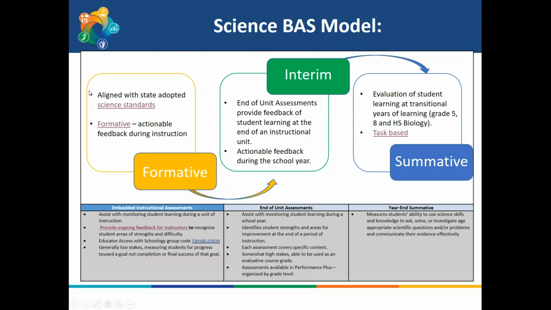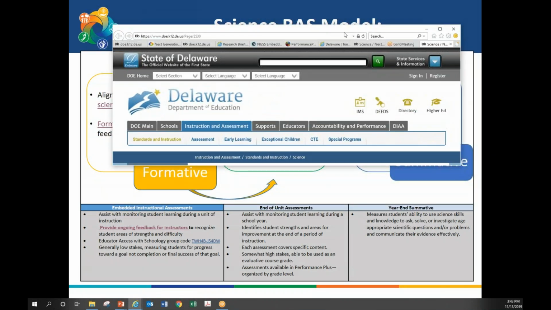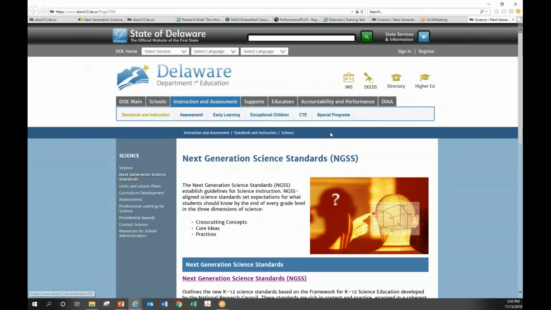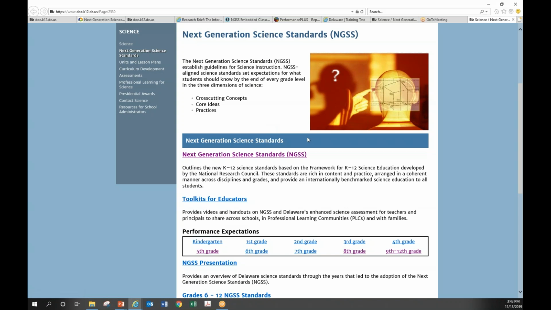And you'll notice that, of course, it's just describing all the things that I just talked about throughout the PowerPoint here. Of course, our formative assessments need to be aligned with state-adopted science standards, and any teachers who are unfamiliar with or need refreshers and information about the standards can come here. If you click on that link, of course, it takes you directly to the DOE website, to the Next Generation Science Standards and information about that.